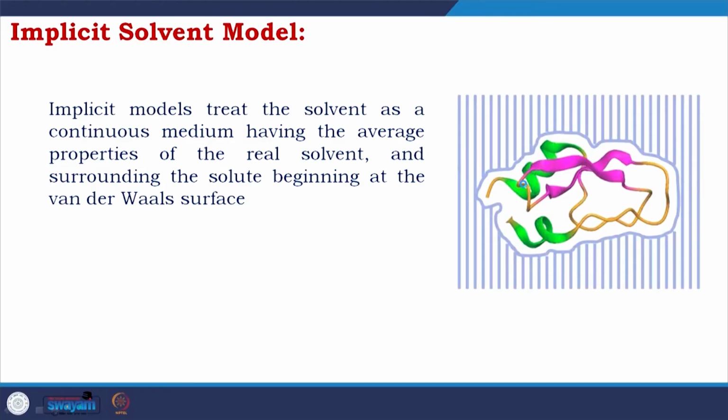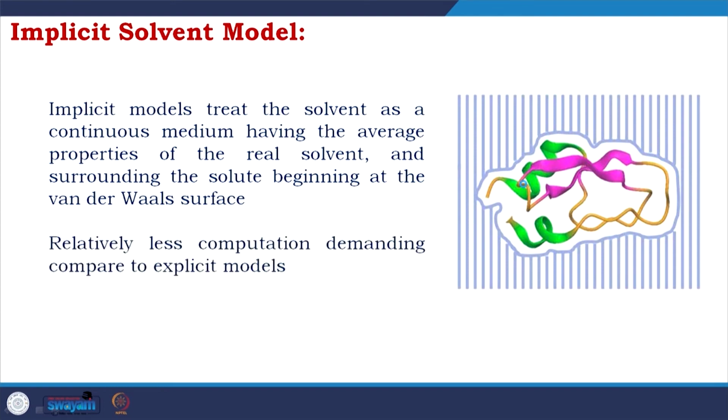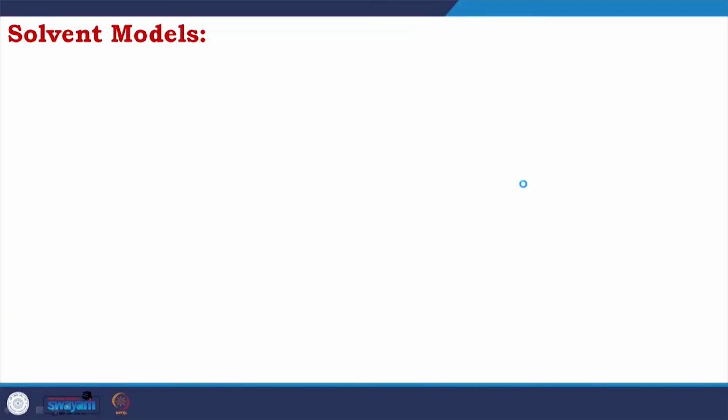Implicit solvent treats the solvent as a continuous medium with the average properties of the real solvent, surrounding the solute beginning at the van der Waals surface, as you have seen here. Because this is already a calculated model, the computational complexity is much less, so much less time is required.